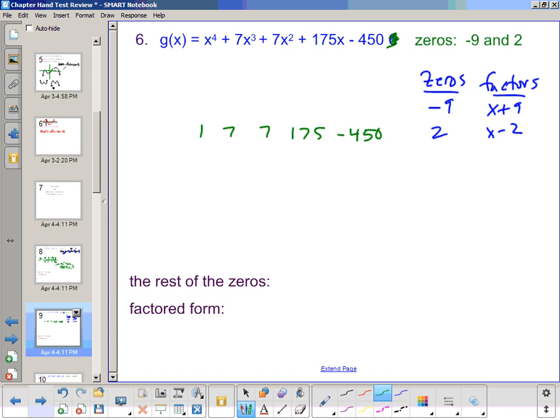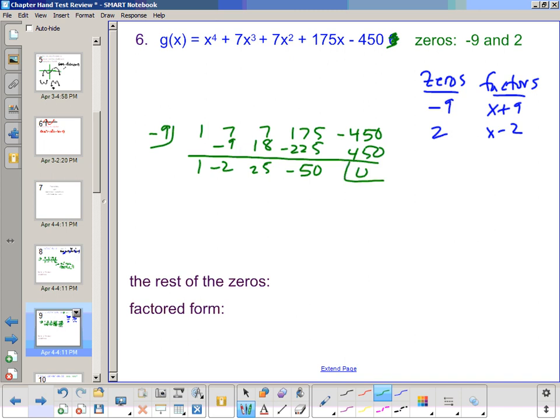Okay, let's divide by x plus 9 first. Okay, we get a remainder of 0, and then this stands for x to the third minus 2x squared plus 25x minus 50.